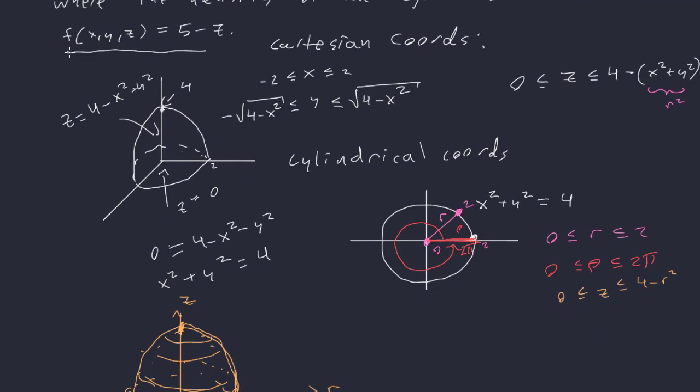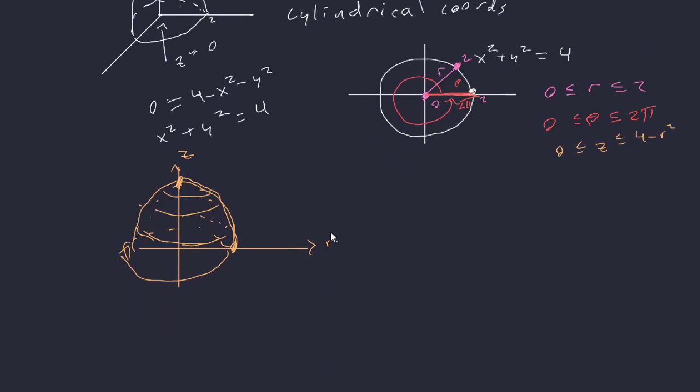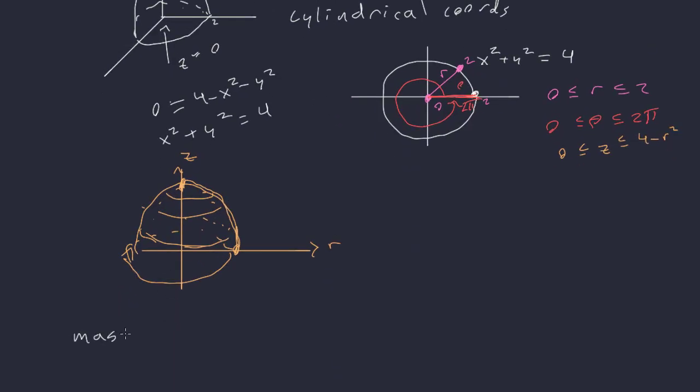Now notice here we have f of x, y, z. This is only in terms of z, really. So this would be the same thing as a capital F of r, theta, z. So the mass is going to be the triple integral.